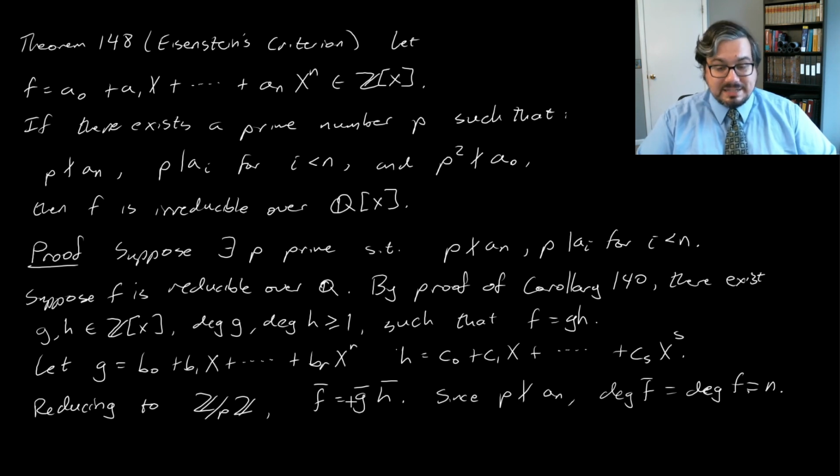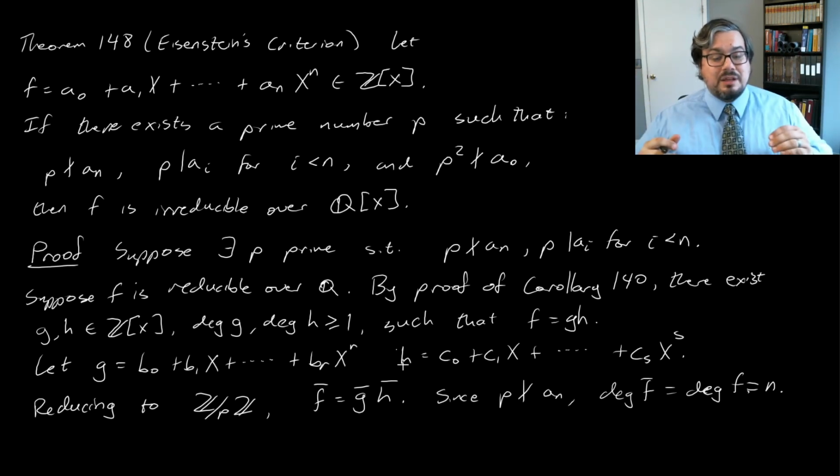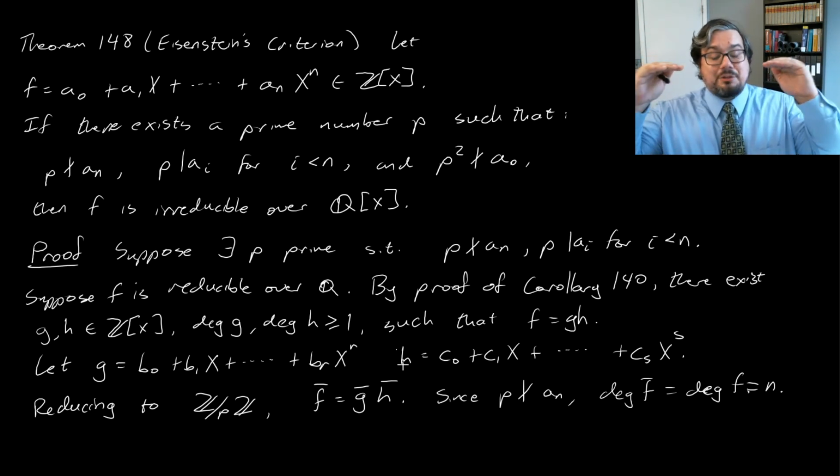Following a similar degree type argument here, because the degree of f hasn't changed, it hasn't gone down, and the degrees of g bar and h bar can't go up, they could only go down, it has to be the case that neither of the degrees have gone down.